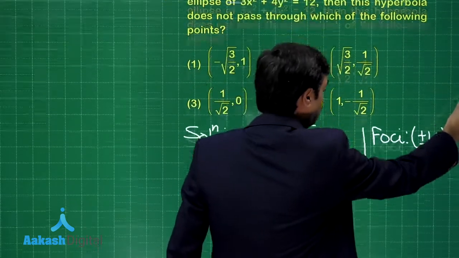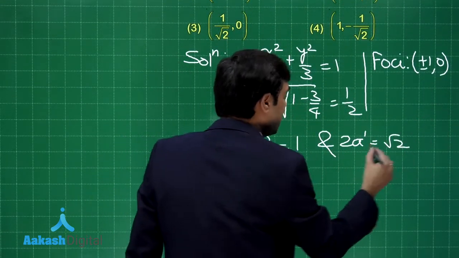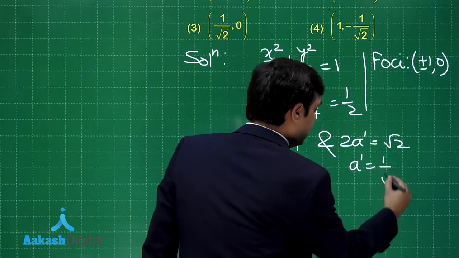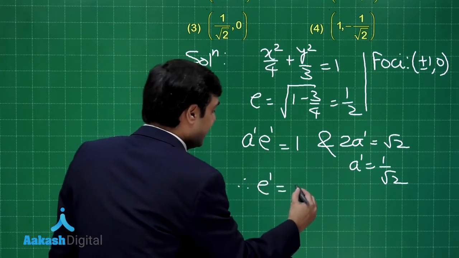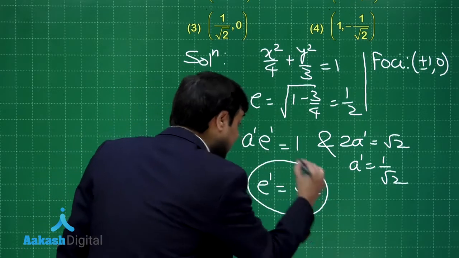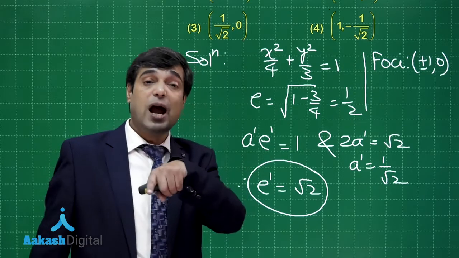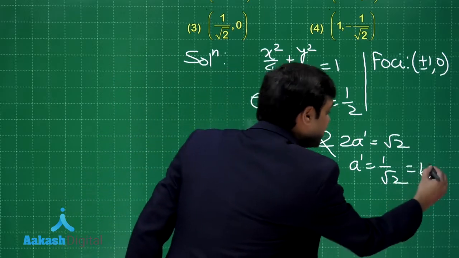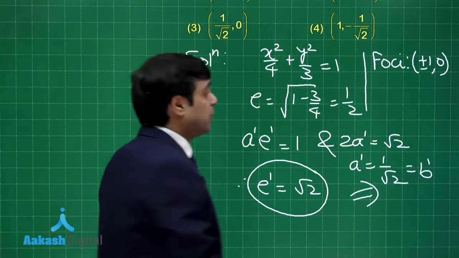That means 2a dash is √2, so a dash is 1 by √2. Put it here. Therefore e dash is √2. When e dash is √2, we are talking about a rectangular hyperbola, and rectangular hyperbola means a is equal to b. So this is equal to b dash as well.